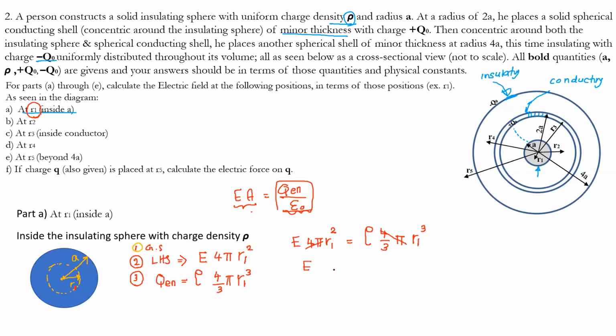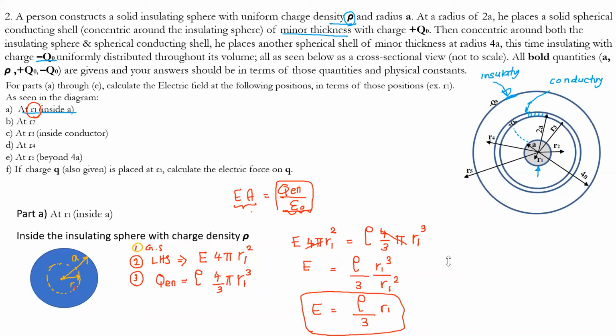You get E equals rho over 3, R1 cubed divided by R1 squared. So this gets simplified further, right? So your electric field is rho over 3 R1.